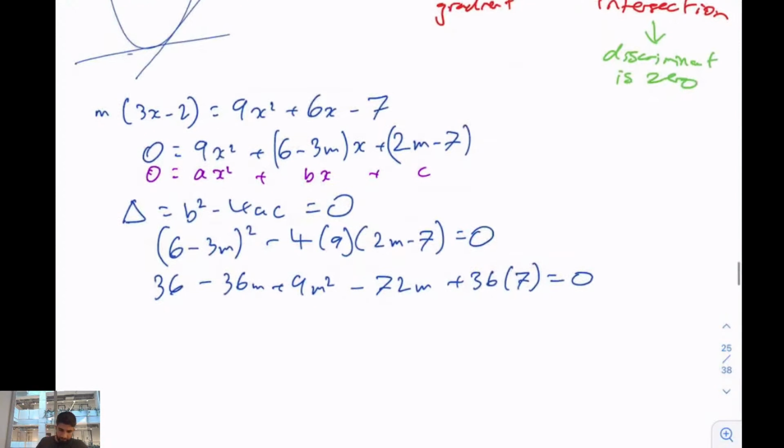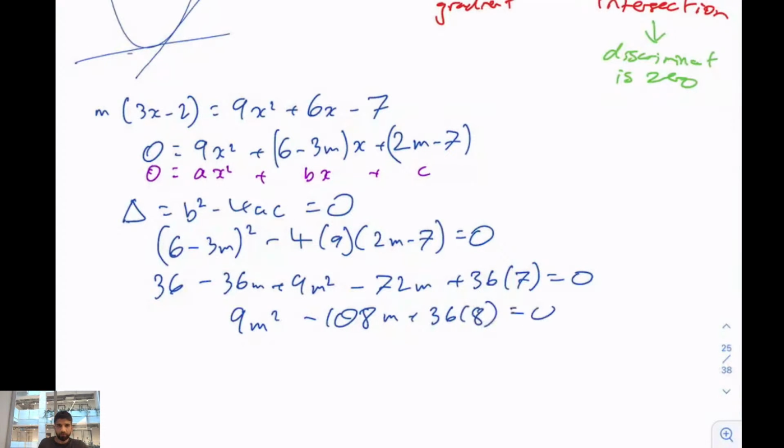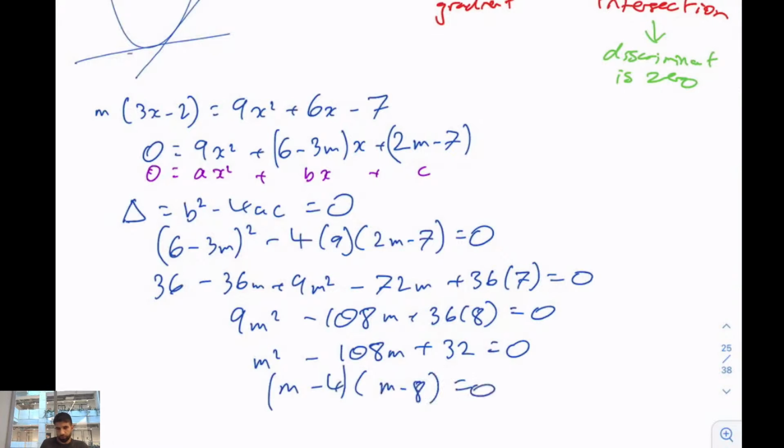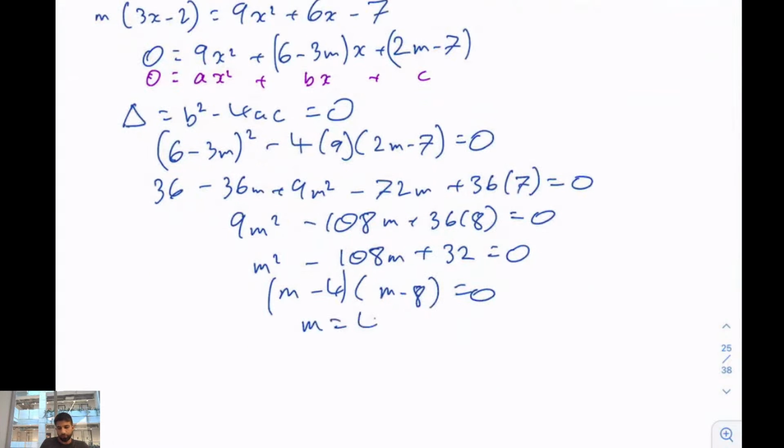Let's simplify 9m squared minus 108m plus 288 equals 0, and then we can divide everything by 9. And then that's m squared minus 12m plus 32 equals 0. So we have two roots here, two m values, m equals 4 or m equals 8.